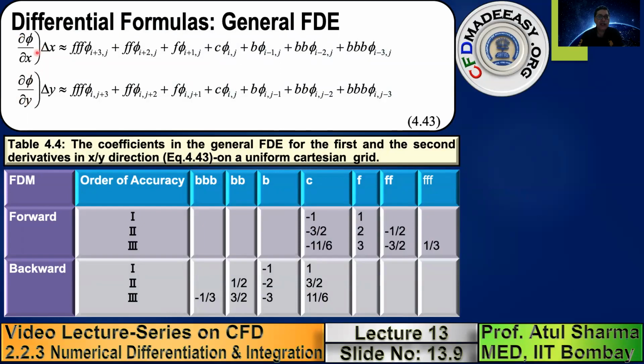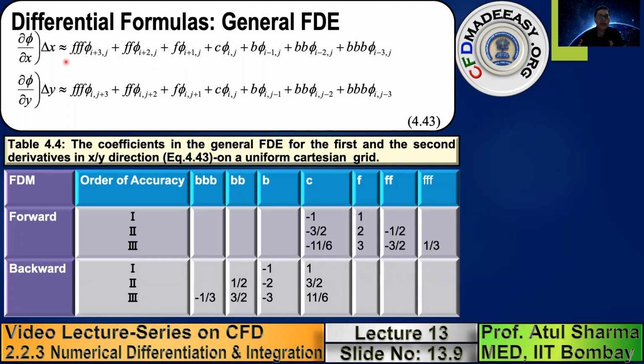By Taylor series expansion using one-sided differencing, we can express it in terms of certain neighbors and the central value. Here we are considering a maximum of 3 neighbors on each side of a grid point. When (i, j) is the point under consideration, the 3 neighbors ahead of it will be i plus 1, i plus 2, and i plus 3, and the 3 neighbors on the left side of it will be i minus 1, i minus 2, and i minus 3.